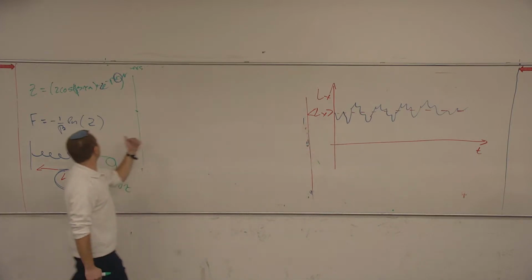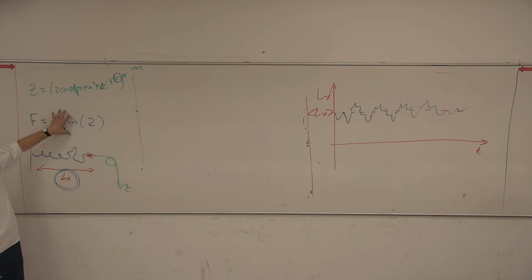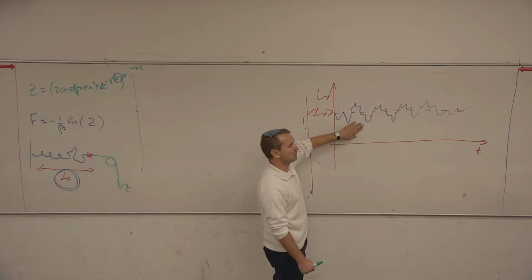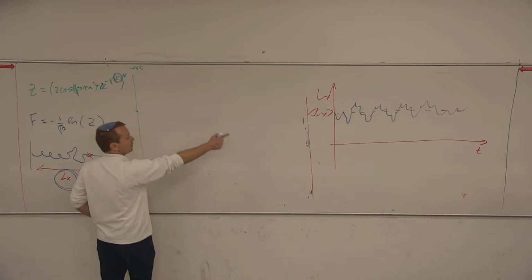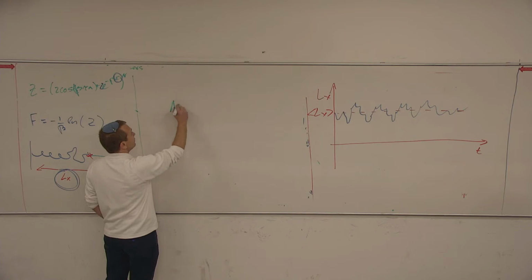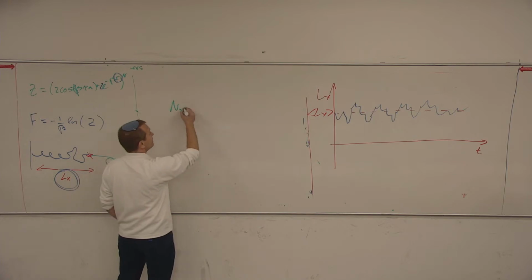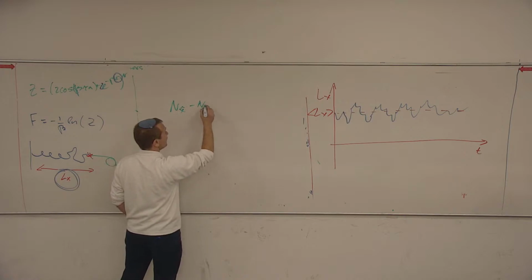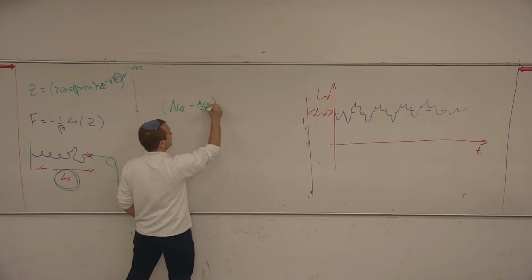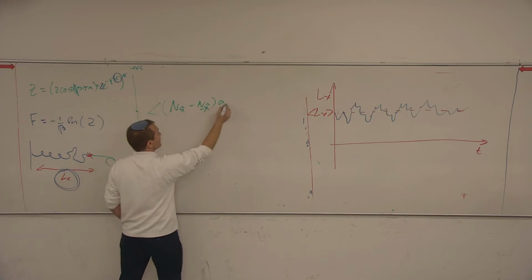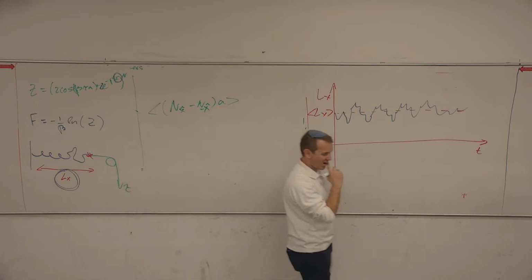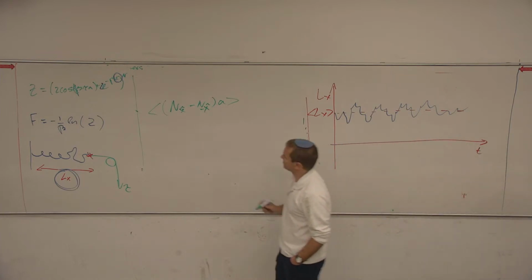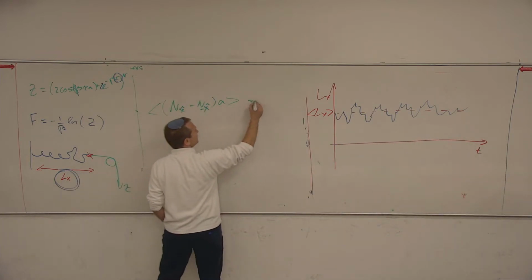In a lot of cases, it's easier not to go into the differentials of f, but to ask the following question. What do we have? What is Lx? It is (Nx minus N minus x) multiplied by a, some average number. This is Lx.